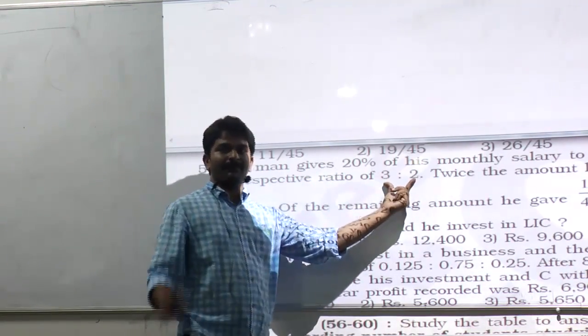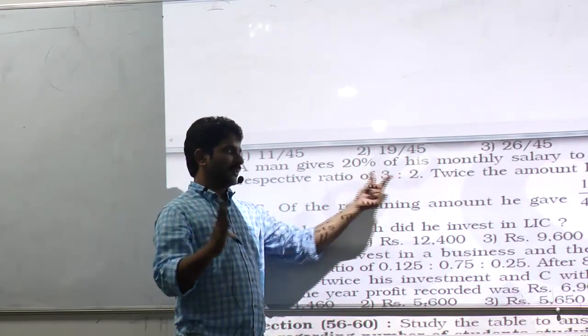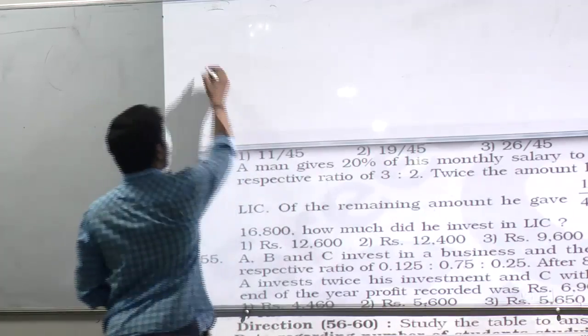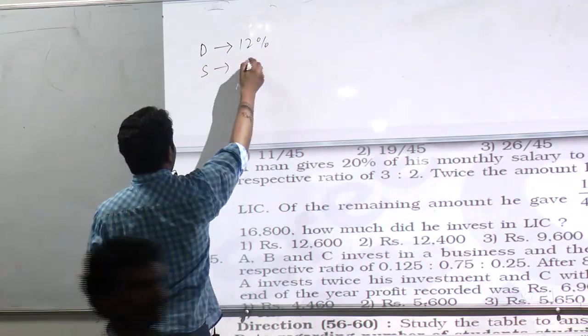So how many parts do we have? 5 parts. 5 parts is 20%. 1 part is 4%. 3 into 4, 12%. So the daughter receives 12% and the son 8%.